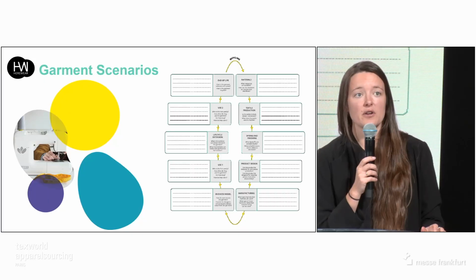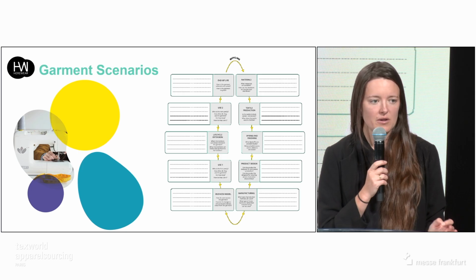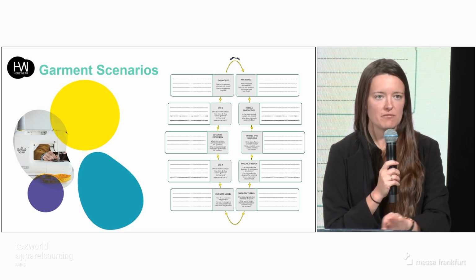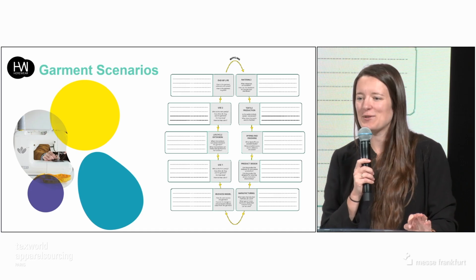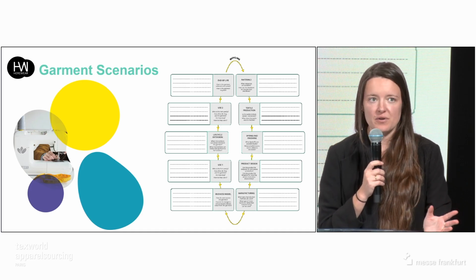And then finally, we've got the garment scenarios, which are potentially the most practical, step by step, follow it and write right into the boxes kind of tool that we've got in there. And it's really based on the same thinking as the two previous ones.